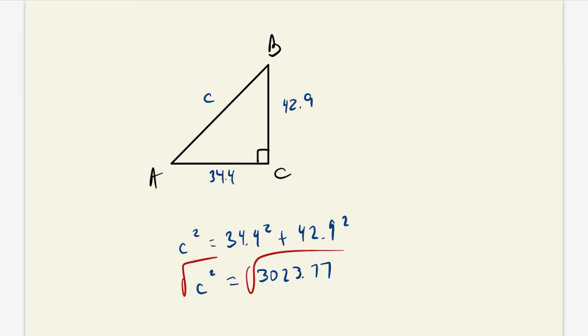Taking the square root of both sides gives us 54.98, which I will round to 55.0 if you round up. So this would be 55.0.